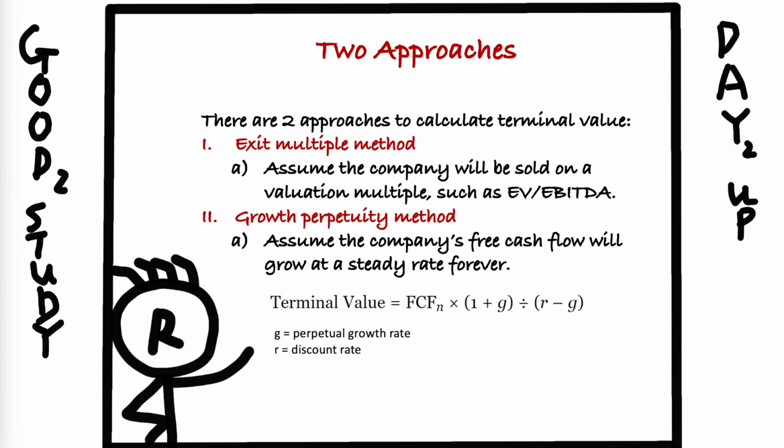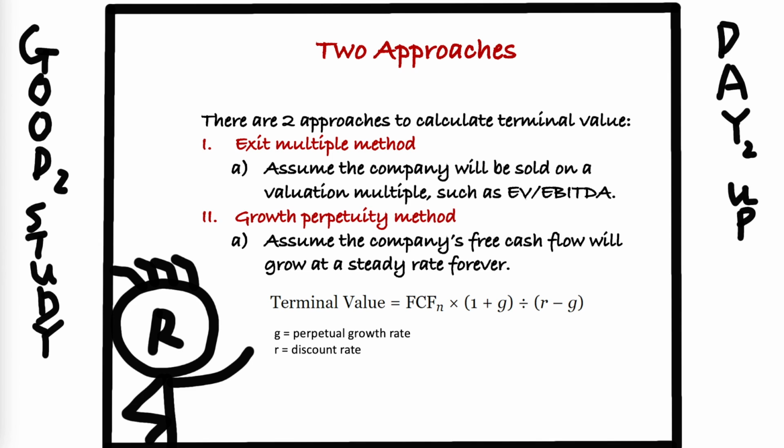First, exit multiple method. For this method, you need to assume the company or project will be sold on a valuation multiple such as EV over EBITDA or EV over EBIT or EV over sales, whichever one that you see fit for this specific company or this specific industry.